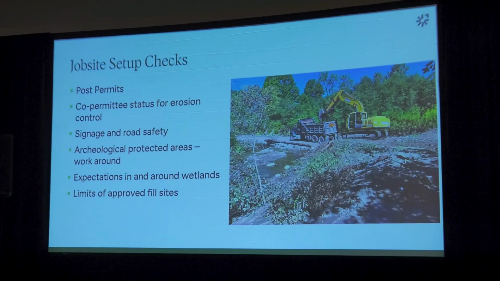So posting permits, making sure, at least for the erosion control permit, your contractor has co-permittee status, getting the site safe and in compliance, both with road safety and any kind of barriers you need around your archaeologically sensitive area or wetlands, whether that be staying out, or in the case of the photo up here, there was matting put down to protect a wetland crossing that needed to be maintained. And also doing the same thing at the fill sites, because with these permits, the fill sites are permitted to basically the same level, so you can't just have that fill going any old place on these kinds of projects.